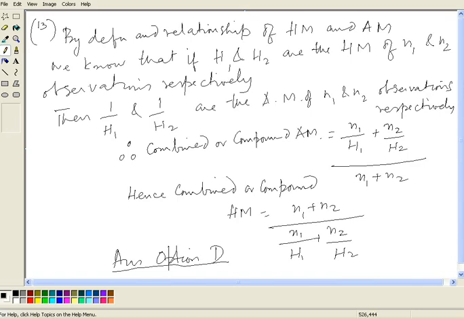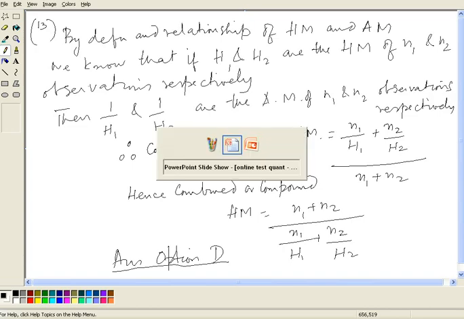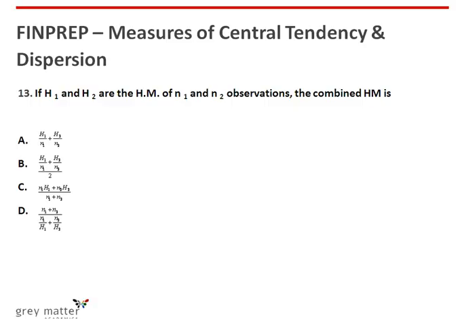Hence, the combined harmonic mean will be just the reciprocal of the above case. So it will be n1 plus n2 divided by n1 by h1 plus n2 by h2. So the answer is option D. Going to our PowerPoint presentation, it is option D, which says n1 plus n2 by n1 by h1 plus n2 by h2.